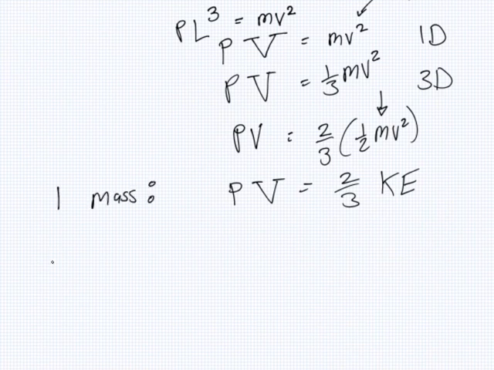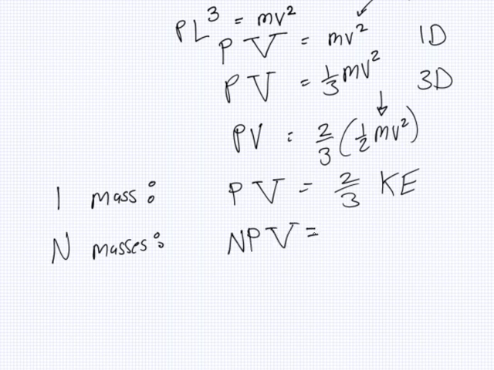Let's say I have n masses. So all I have to do is multiply this by n, and instead of this being the kinetic energy for 1, it's actually the kinetic energy of all of them. So I'll write down here total kinetic energy.